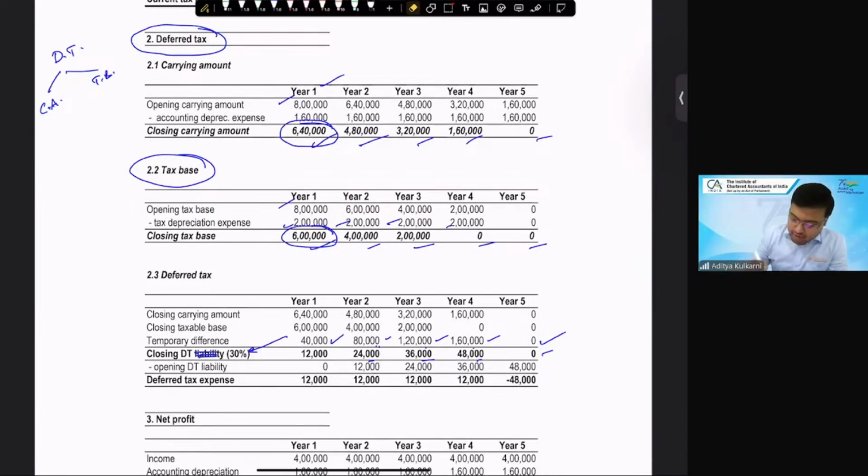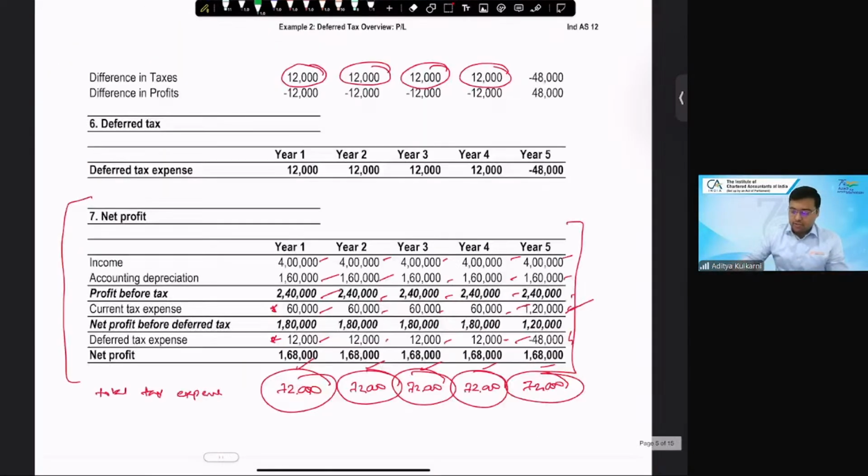I have an asset worth 6 lakh 40,000 rupees book value at the end of year 1. Correct? Now, the same asset has a value of 6 lakhs for tax purposes. Correct? Is it clear till here? Let me write it on the notes.